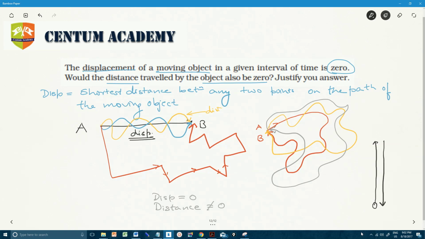So in this case, the ball is going up and coming down. So displacement is 0, distance is not equal to 0. So you could give this example to justify your answer.